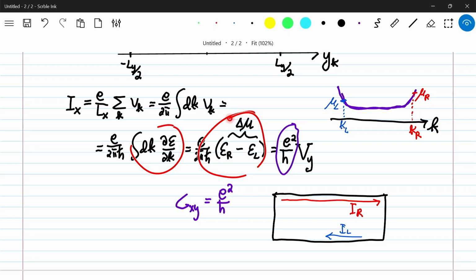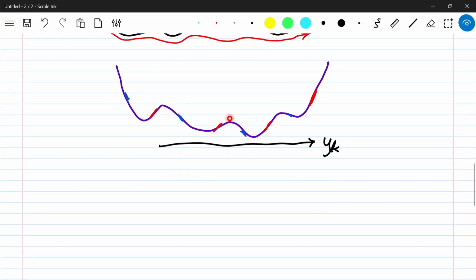So the current pattern in a typical realistic system, which is always disordered, will not look like this picture. It will look more like something like this, right? I mean, current flows. There will be some right movers.